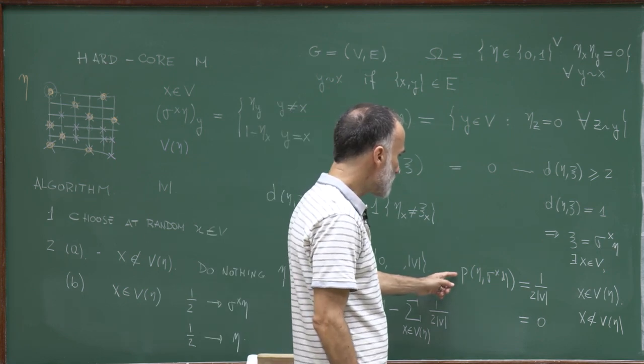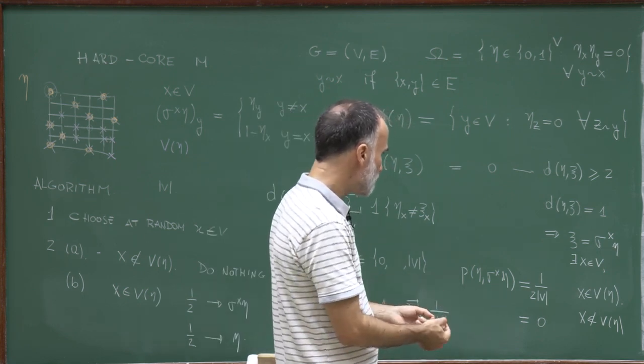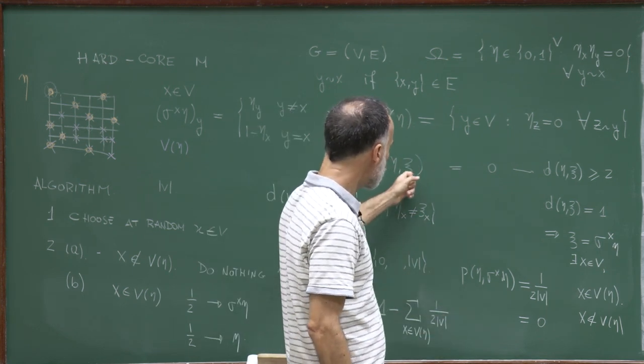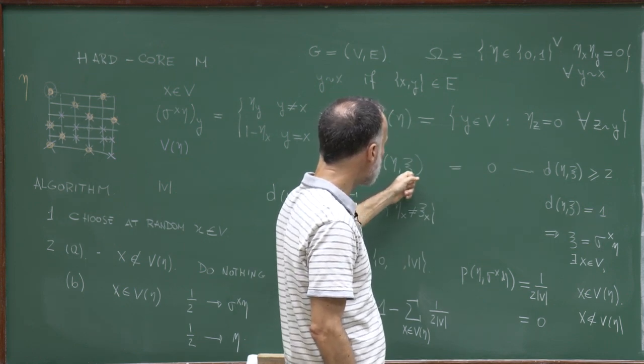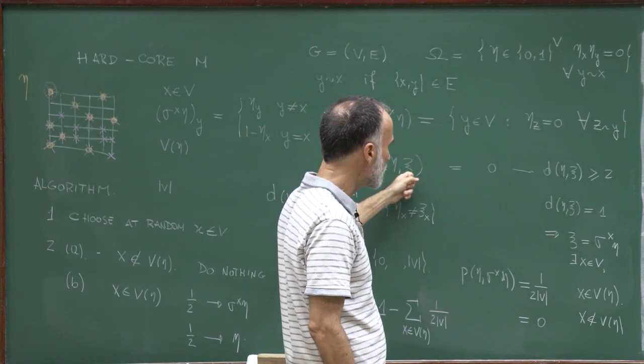So if I want to see what is the probability that you jump, you have to sum these p eta psi for all psi different from eta.